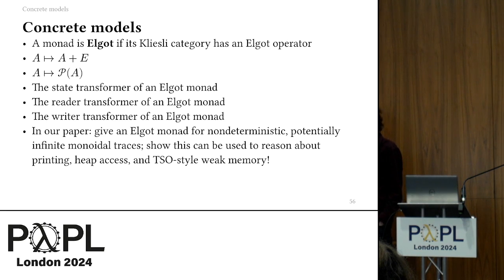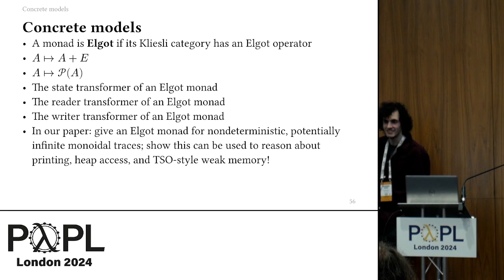I have a question. Yes. It looks like Freyd categories are a bit more general than monads, but it looks like all your concrete models are monads. Is there a reason for that? Our concrete models are monads, and the difference is basically that Freyd categories don't necessarily have that higher order structure. And we take advantage of this in the paper because, one thing that we didn't mention here because it was already very rushed is linearity.